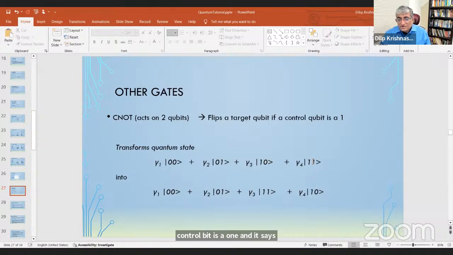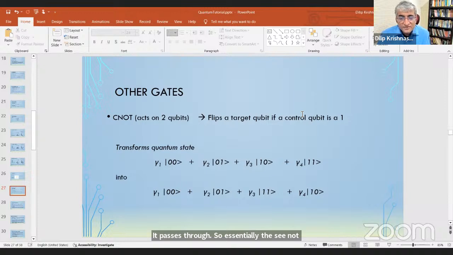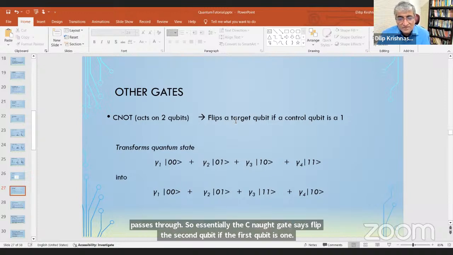For gamma 4, the first qubit is 1, so it says to the next qubit, flip yourself to 0. So 1 goes to a 0. But for gamma 1 and gamma 2, the first qubit is a 0, so nothing happens to the second qubit. It passes through. So essentially the CNOT gate says flip the second qubit if the first qubit is a 1. The first qubit is the control qubit. The second qubit is the target qubit.